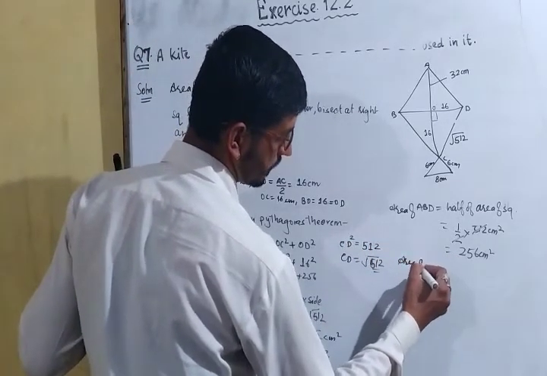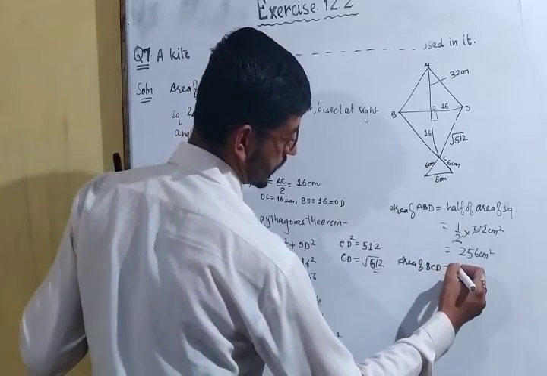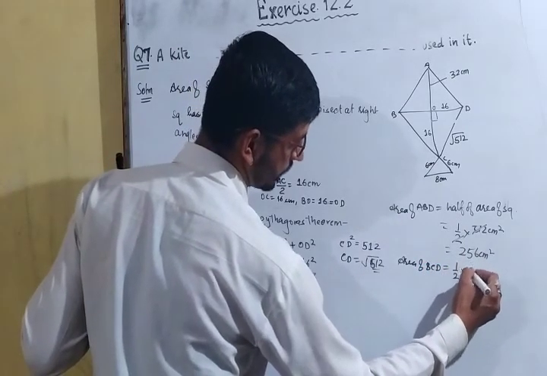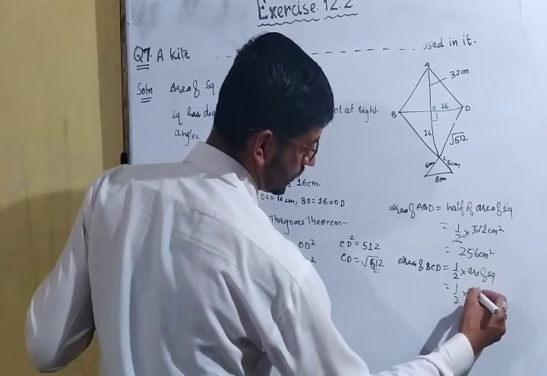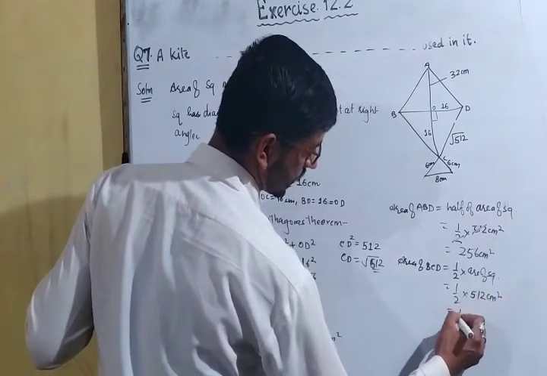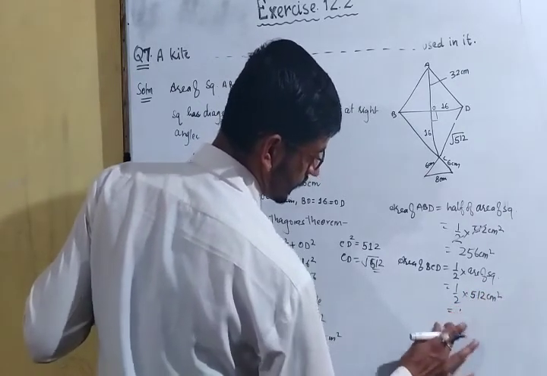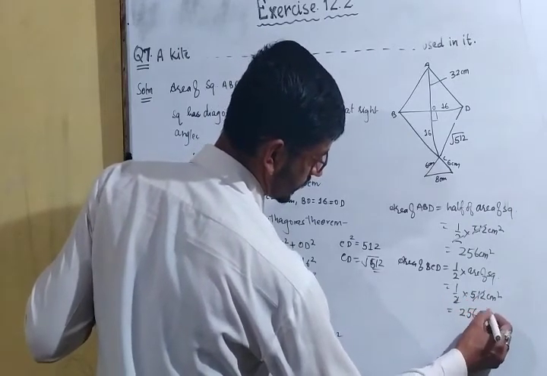So the area of BCD is again half of the area of the square. That means half into 512 centimeter square, so that is equal to 256 centimeter square.